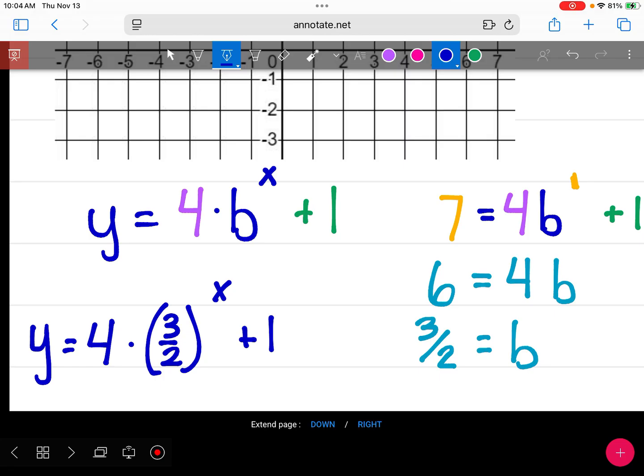Our a is the difference between our asymptote and our y-intercept. And our base is how much it's changing. We can substitute that in and solve for it. So start with your asymptote and then find your a and then find b.